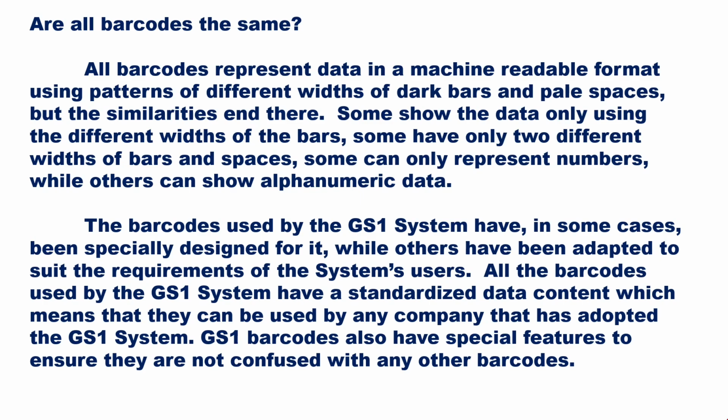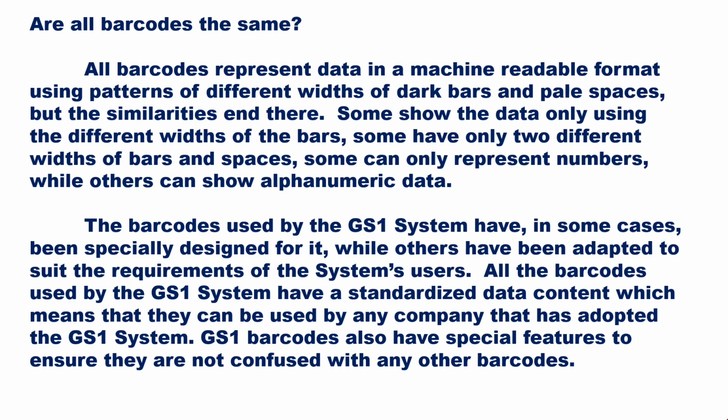Some show the data only using the different widths of the bars. Some have only two different widths of the bars and spaces. Some can only represent numbers, while others can show alphanumeric data. The barcodes used by the GS1 system have in some cases been specially designed for it, while others have been adopted to suit the requirements of the system's users.